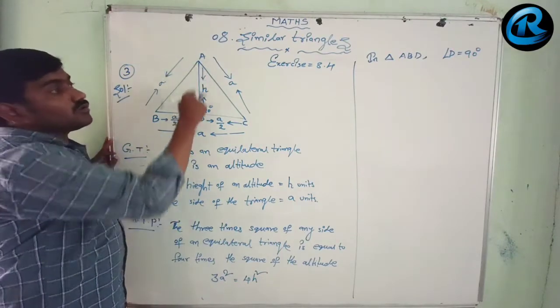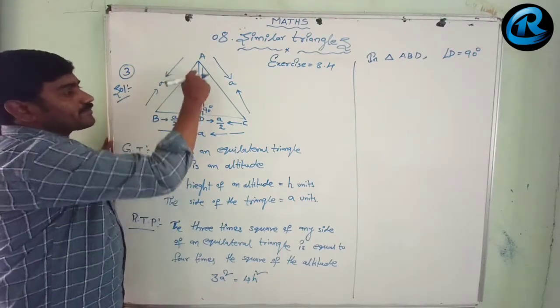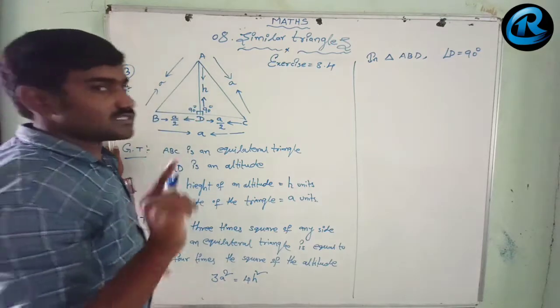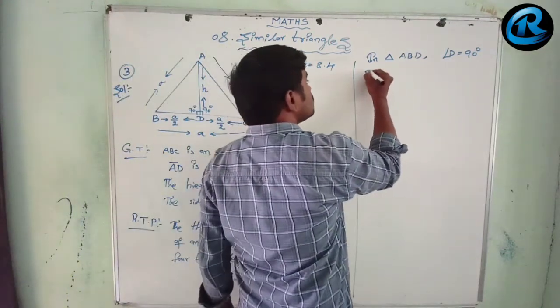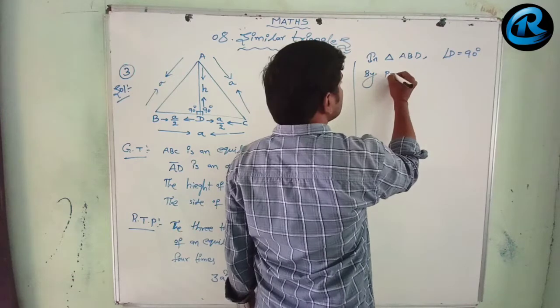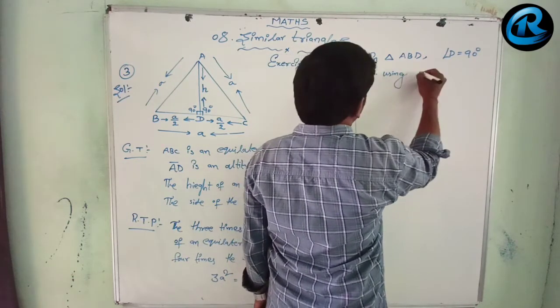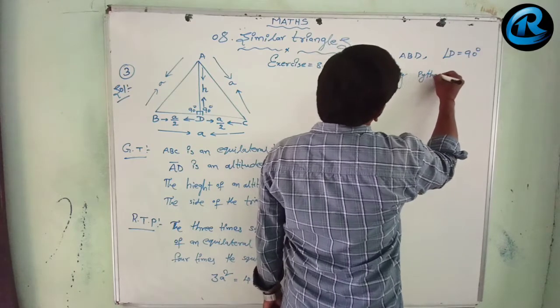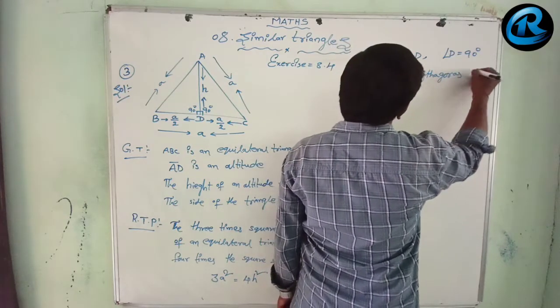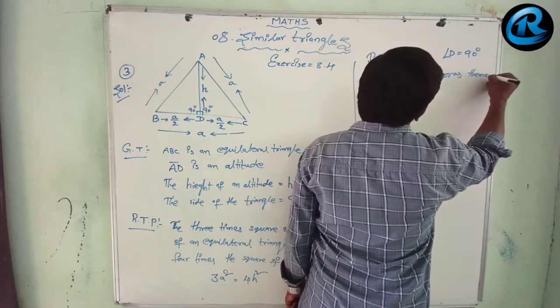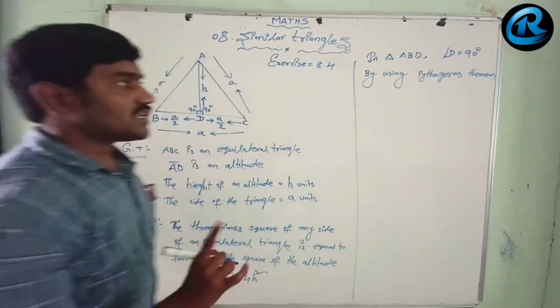So in triangle ABD, one of the angles is 90 degrees. So it is a right angle triangle. So we can use Pythagoras theorem. By using Pythagoras theorem, what you can write?